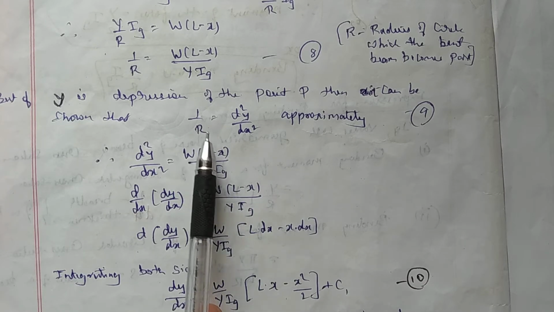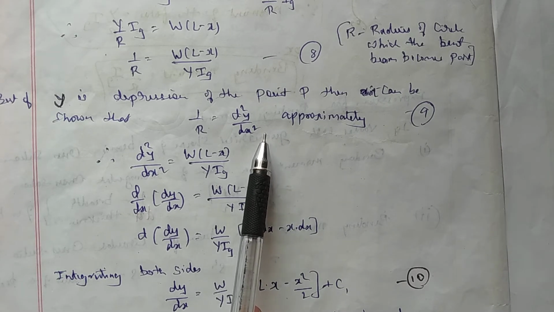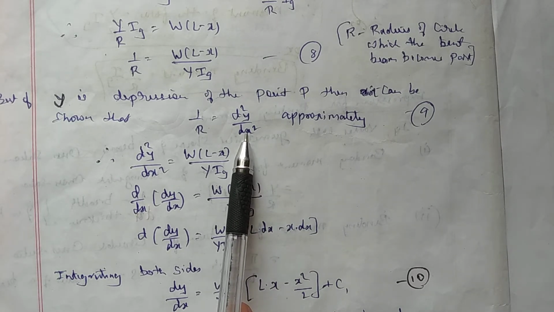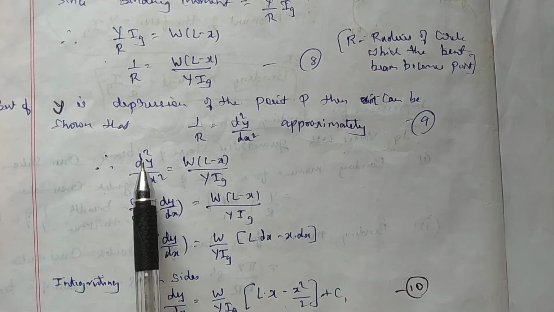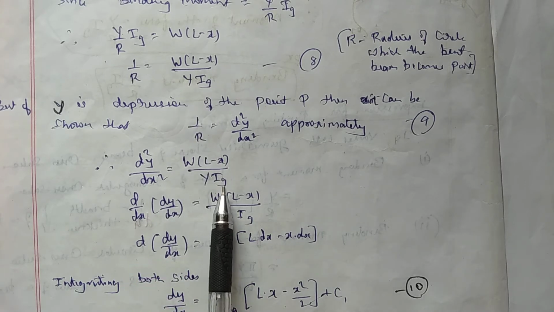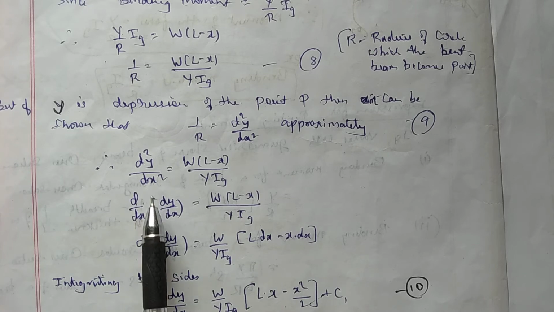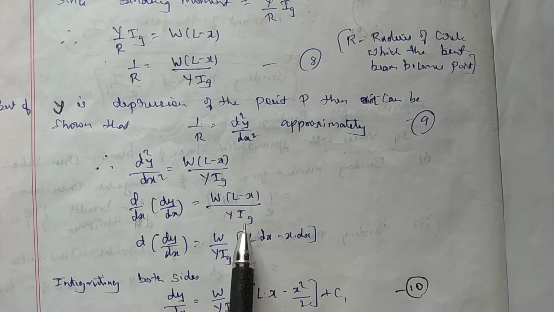Mathematically we can show 1 by R is equal to d square y by dx square. Now the equation becomes d square y by dx square is equal to W into L minus x by Y into Ig. So this may be written as d by dx of dy by dx is equal to W into L minus x by Y into Ig.